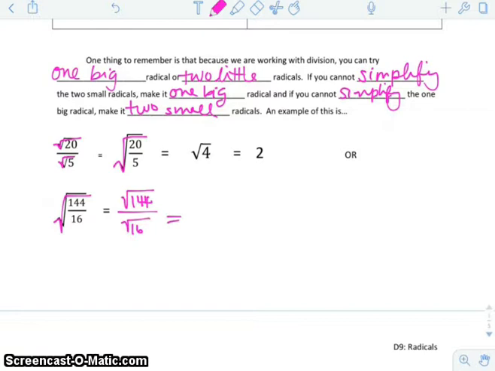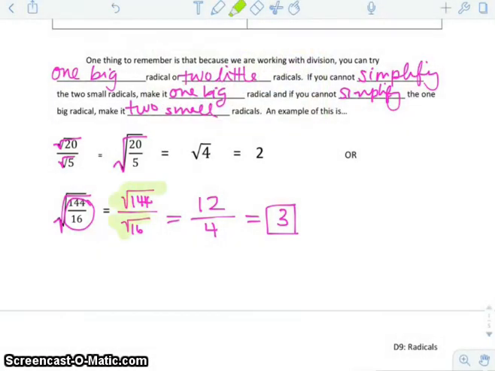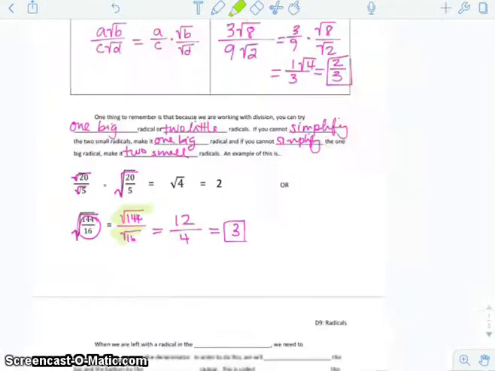Conveniently enough, 144 is a perfect square. This is 12. 16 is a perfect square, which is 4. The whole thing simplifies to 3. They won't always simplify into integers, but in this case, I had one big radical. I couldn't simplify this into something that would give me a perfect square. I recognize them as perfect squares, and so I split into two small radicals, which were able to be simplified independently of each other.